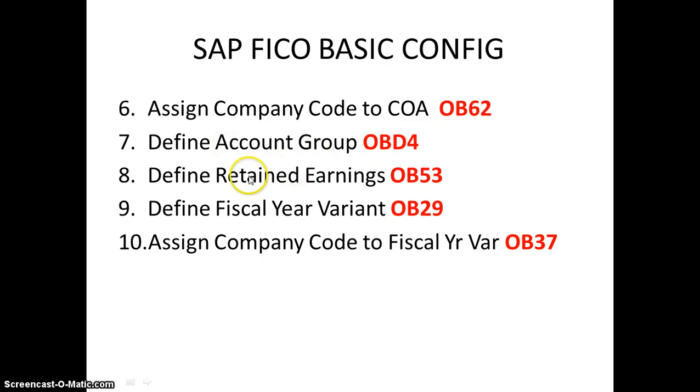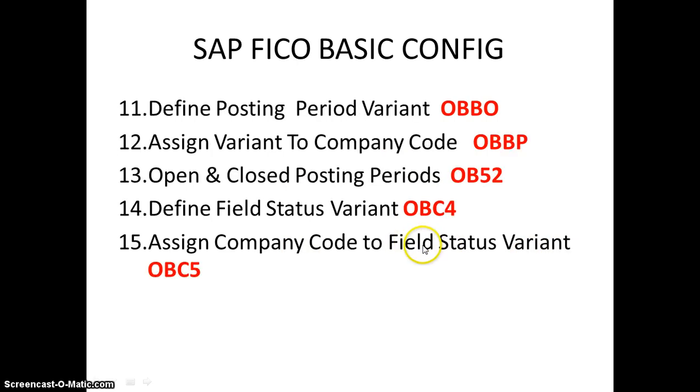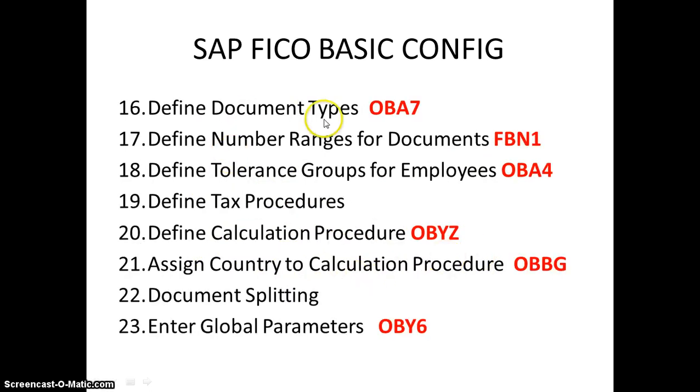So let's create the account groups and then we'll also create the retained earnings for carrying forward the previous account details, profit and loss details. And now we also would create field status variants and assign company code to field status variant. Document types we are going to do, and number ranges for documents, and tolerance groups for employees is what we are going to do in this particular video.